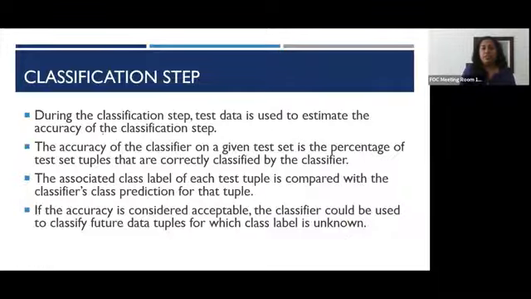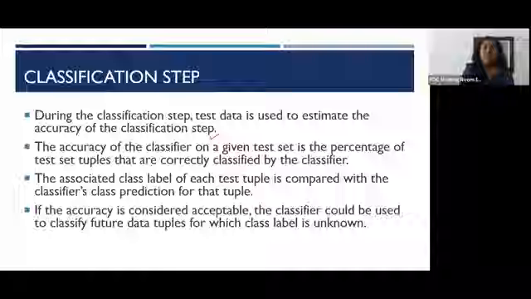Here it says, during the classification step, test data is used to estimate the accuracy of the classifier, right? So what you are going to do is give some test data and check whether your model is predicting as you want. That means, is it accurately predicting? The accuracy of the classifier on a given data set is the percentage of test tuples that are correctly classified by the classifier.